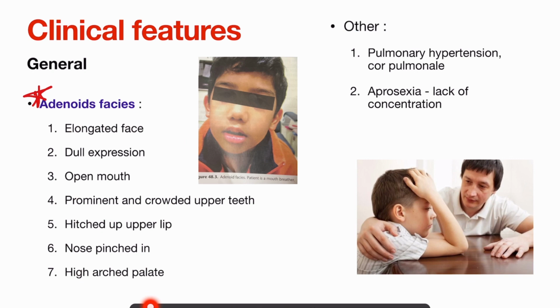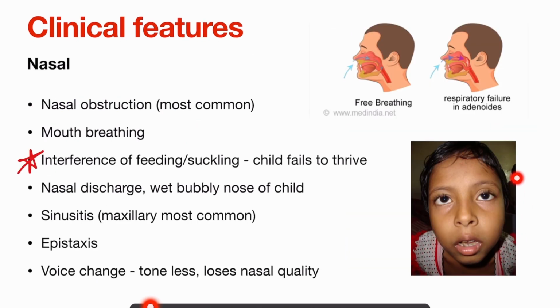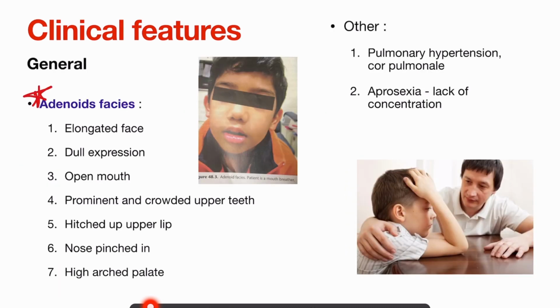All these features will be seen in the patient, like in this photo also. You can see the high arched palate, the open mouth, the dull face, the elongated face, the crowded upper teeth, and the pinched-in nose. All these features are combinedly known as the adenoid facies.